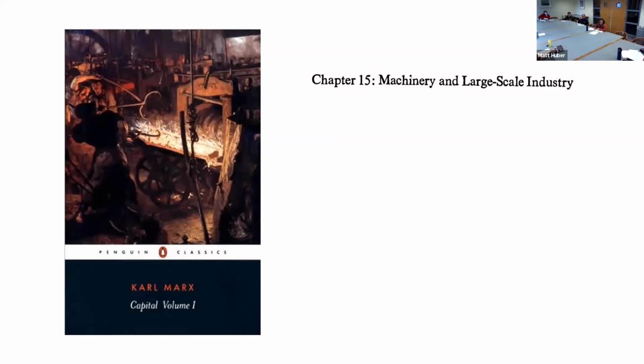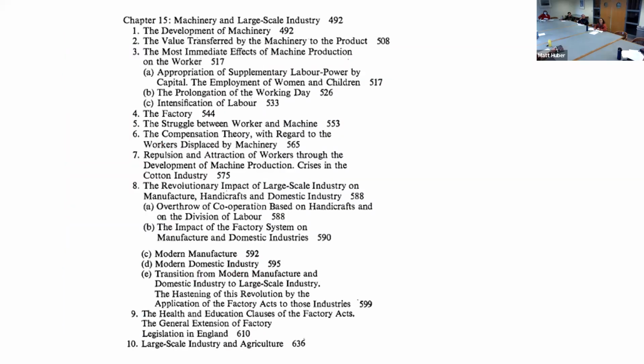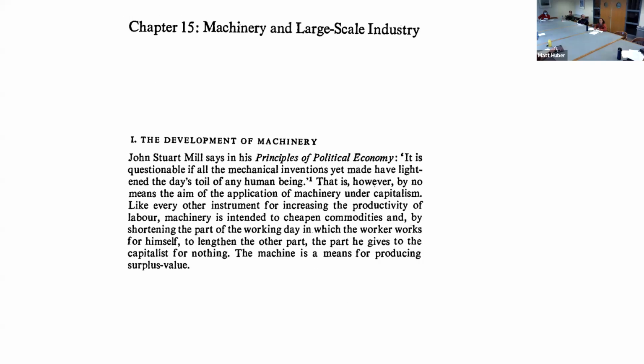But first, and by the way, I'll be going through this monstrosity throughout the day, which is 10 sections. Some sections have as many as 5 subsections, so it's a lot to get through. But the chapter starts with this pretty interesting opening, which is tackling classical political economists like John Stuart Mill, who says it is questionable if all the mechanical inventions yet made have lightened the day's toil of any human being.